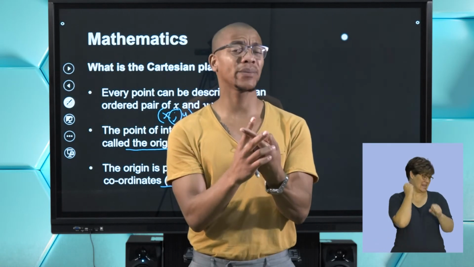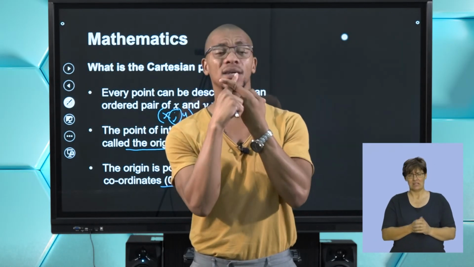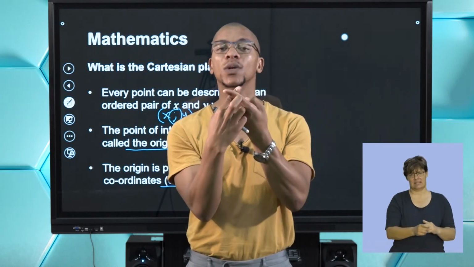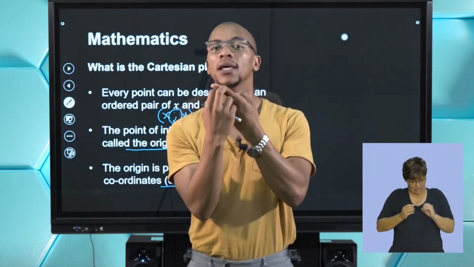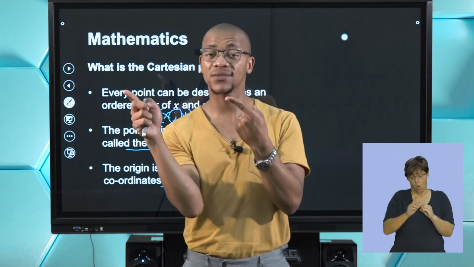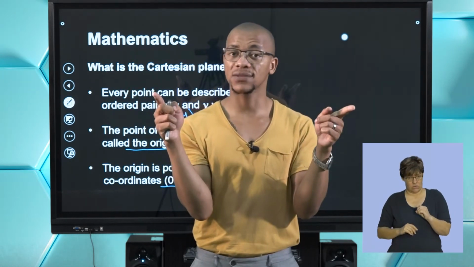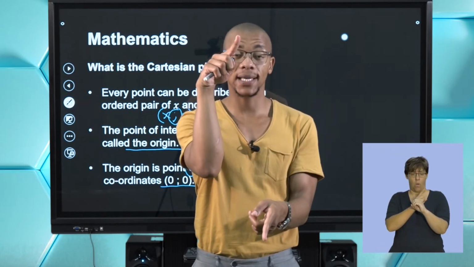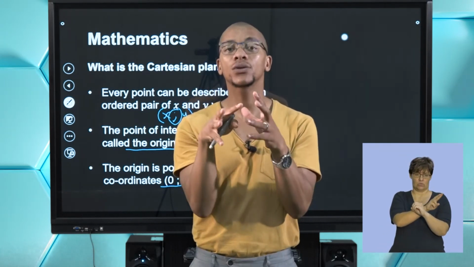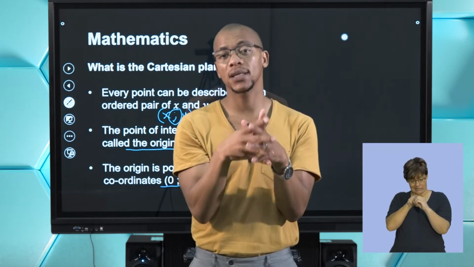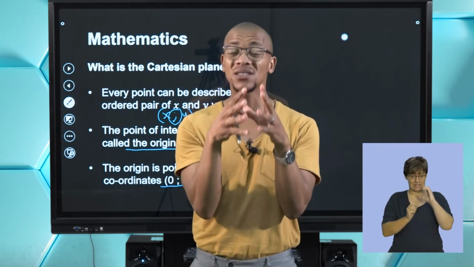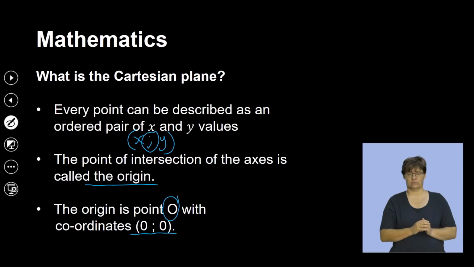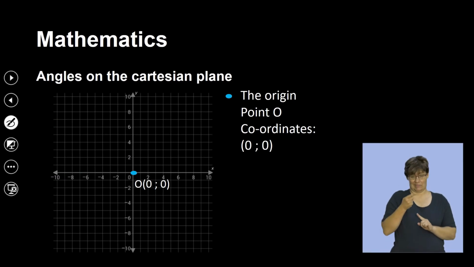That will never be the case, because if you're saying this is the origin, it must always be 0 and 0, because that's where the numbers start from 0, either going to the positive x values or the negative x values, going to the positive y values or going to the negative y values. So you need to make sure that your coordinate of the origin is always 0 and 0.